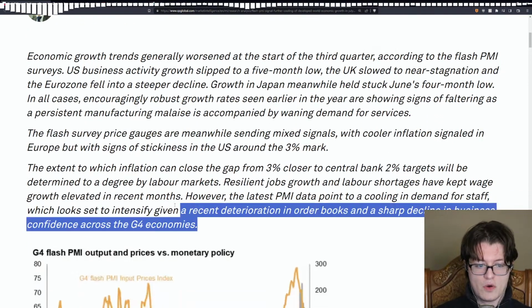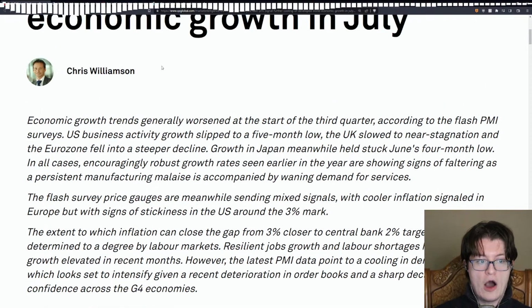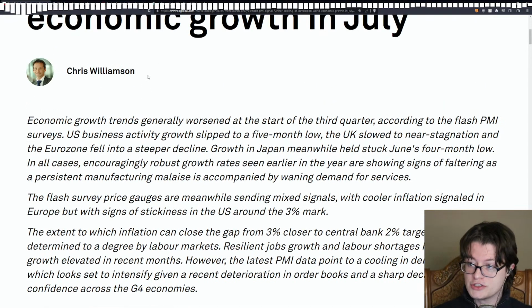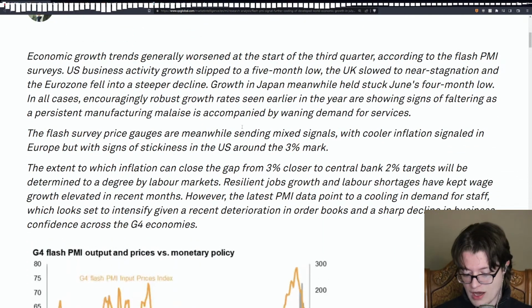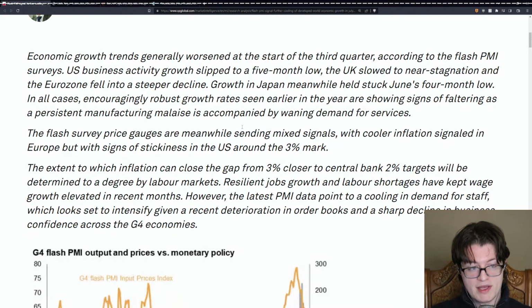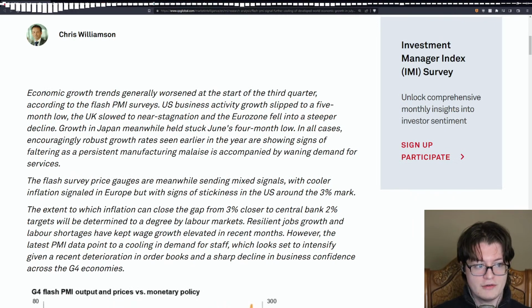And here is a whole summary of the commentary from the guy who is in charge of running the PMIs, his interpretation of the data.